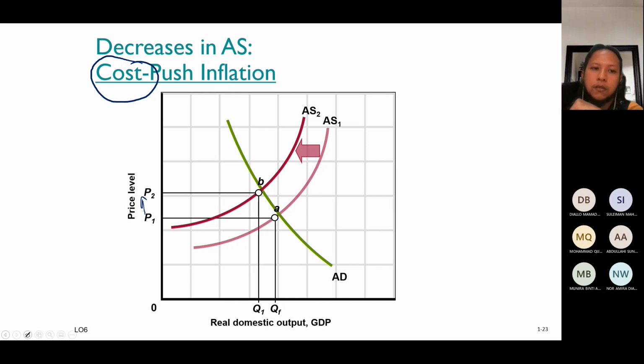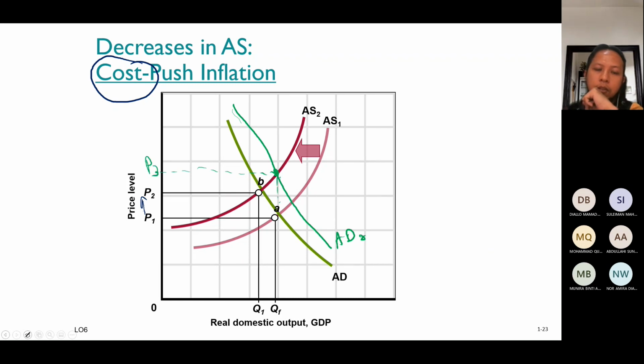And when this happens, AD2, so the new equilibrium is at P3.